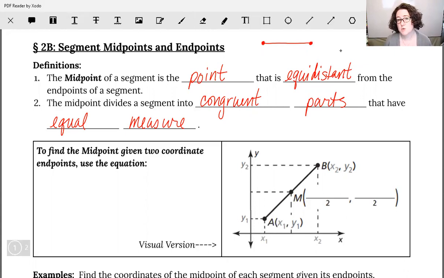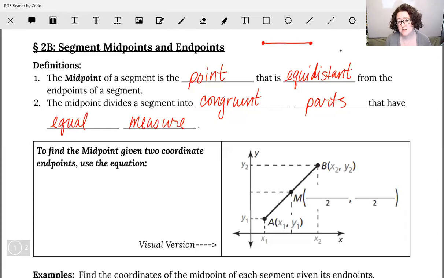But if we're referring to a measure like 20 centimeters or 2 feet or 3 miles or something like that, then we usually talk about an equal measure versus a congruent object. But honestly, if you're talking to anybody who's taken mathematics, you could use those terms almost interchangeably, and anyone who's taken that subject will understand you. Just formally, congruent when you're referring to the whole part, equal when you're referring to the measure.